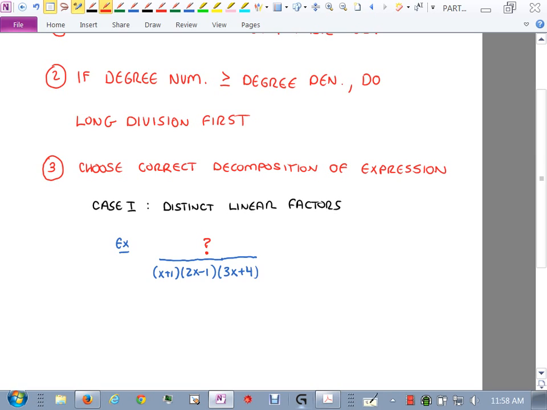If you have that, the correct decomposition of that is going to be to create however many distinct linear factors you had, and then above each one, what? A letter, A, B, C. So if you had 4 distinct linear factors, A, B, C, D.